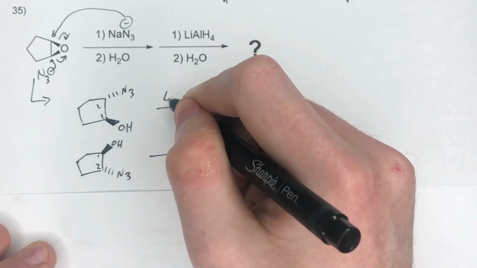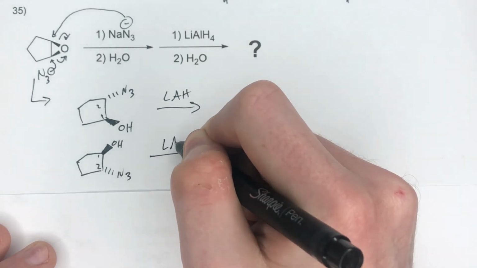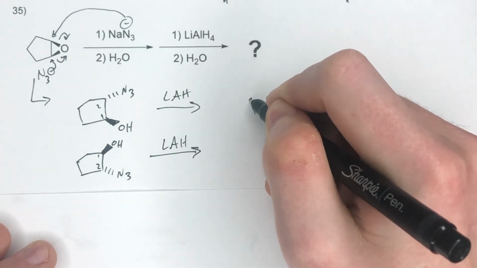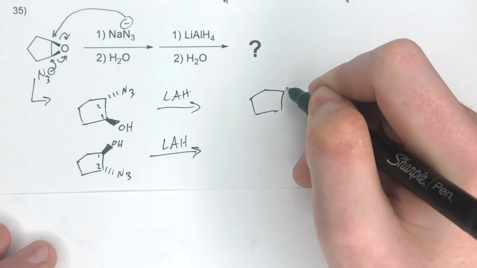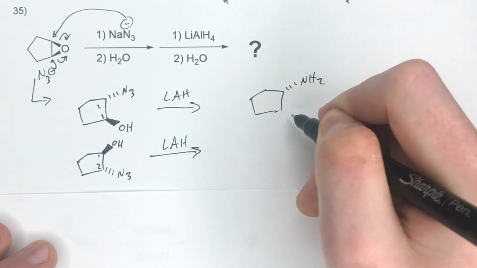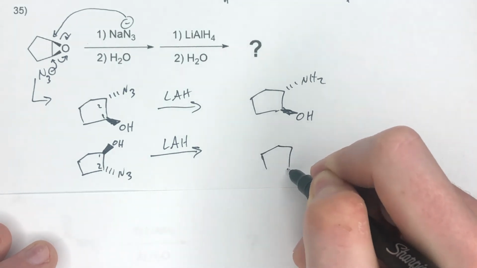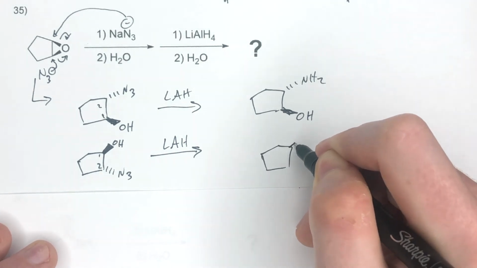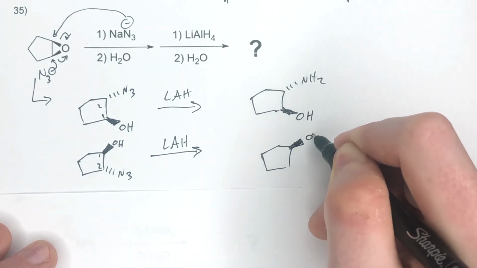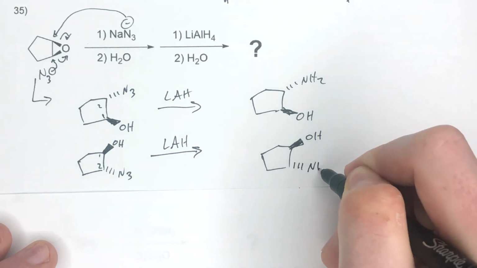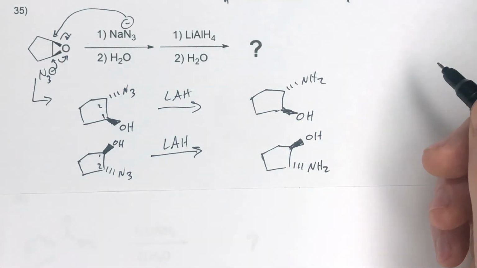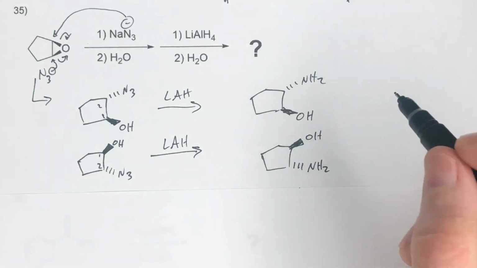So now lithium aluminum hydride is going to reduce N3 to just an NH2 group. And NH2 group down here. So, and then again, we just assess the configuration.